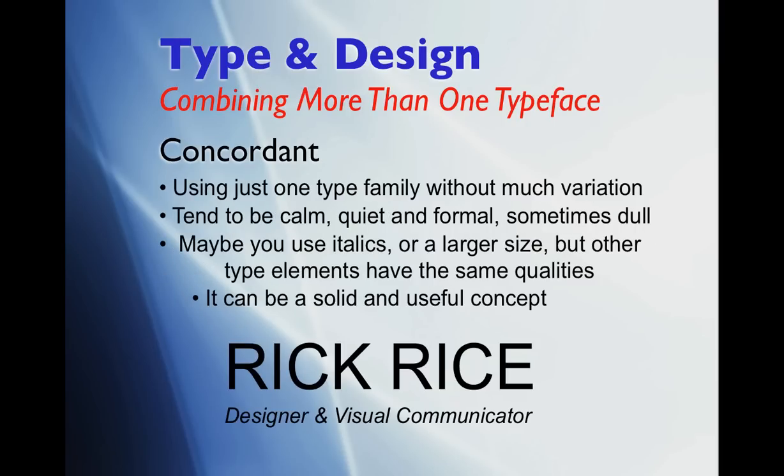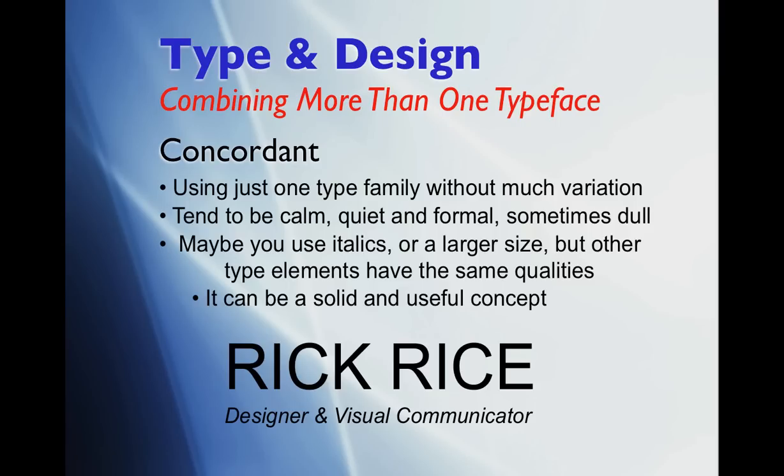First off, concordant. Concordant isn't really a bad thing. It just sometimes is a bit quiet, as we say here, and calm, and that's not necessarily bad. Sometimes a bit formal, but also sometimes a bit dull.